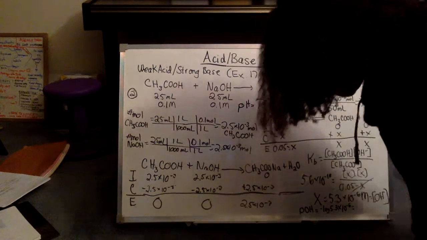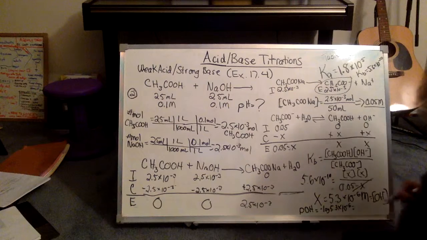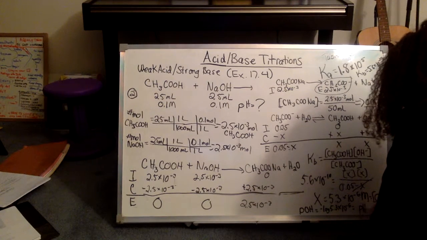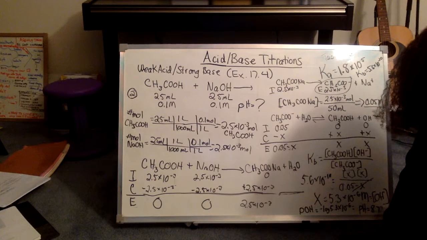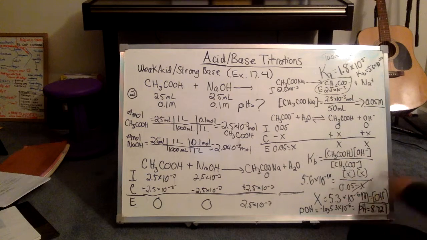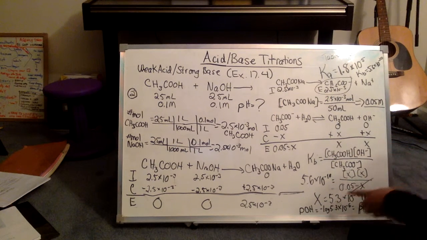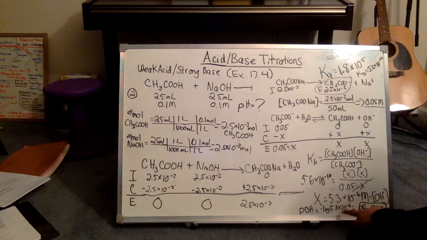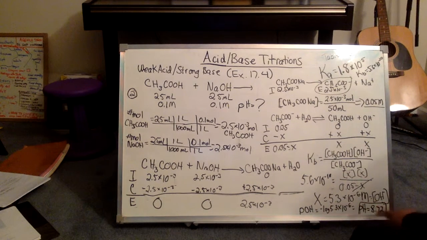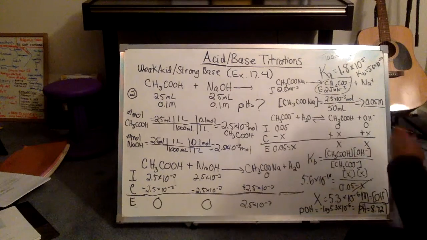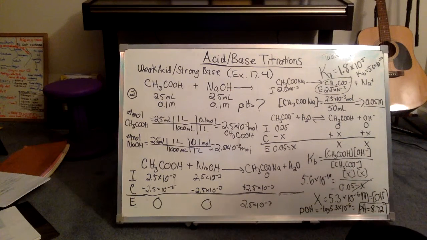Okay, they skipped some steps, and they figured out eventually that the pH is equal to 8.72. Okay? So once we got X is equal to OH, we take the negative log of that to get the POH. We subtract from 14, and we get a pH equal to 8.72. So that's the pH if we have equal amounts of weak acid and weak base.